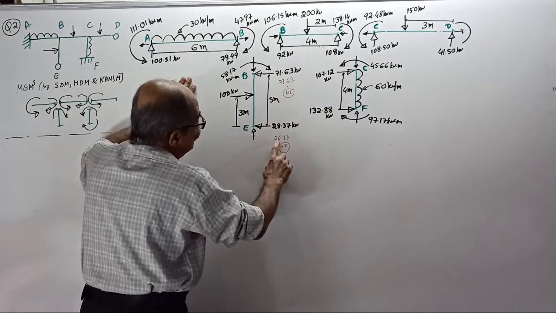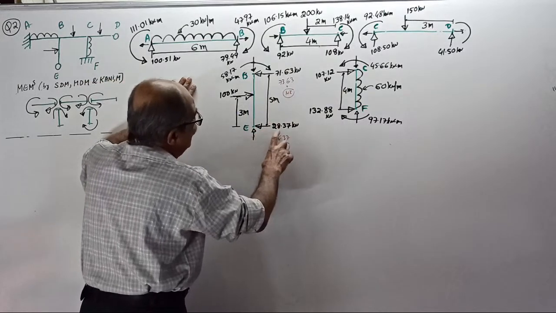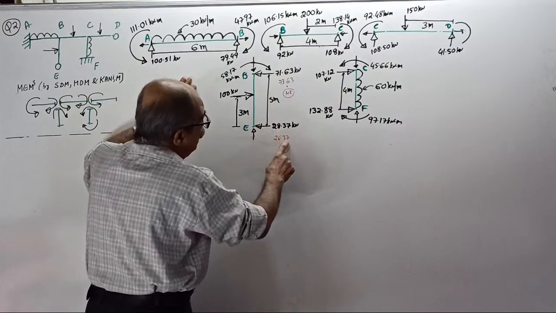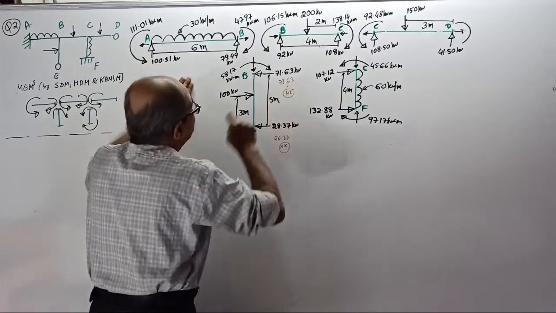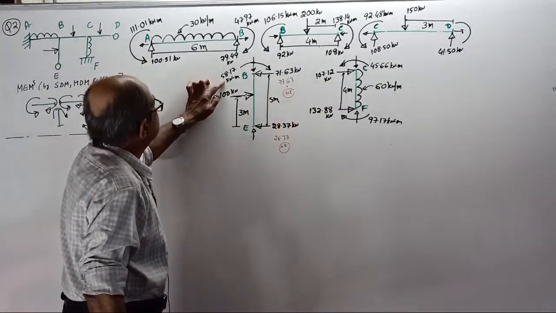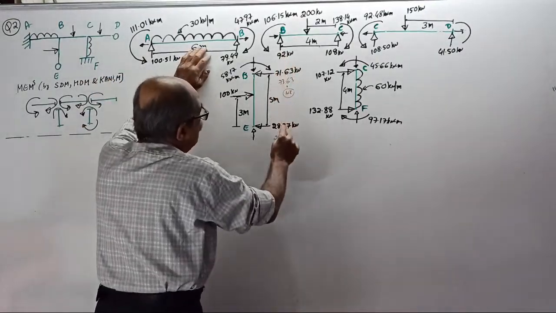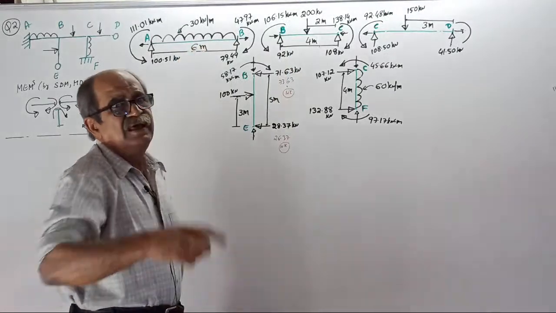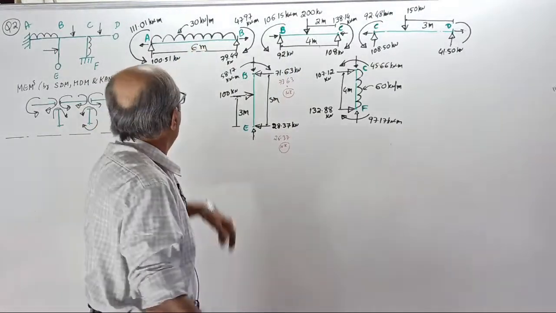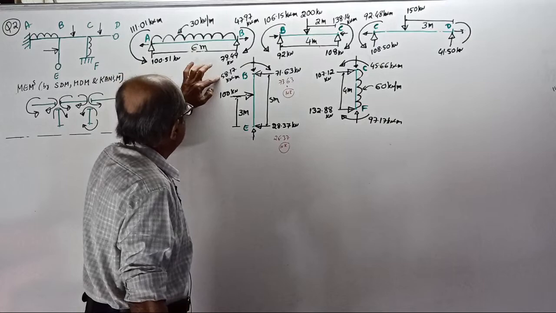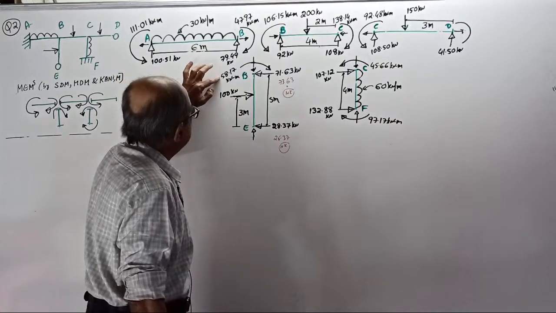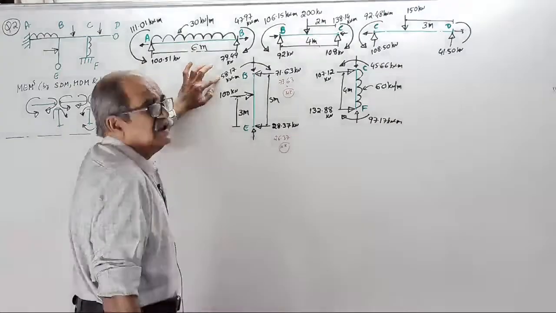Nandakumar sent 26.37, I wrote here. He told 26.37 and 73.63. He told a different answer. Then I calculated. I got 71.63, 28.37. But today, he sent me a correction. He told this moment he took, instead of 58, he took it as 68.